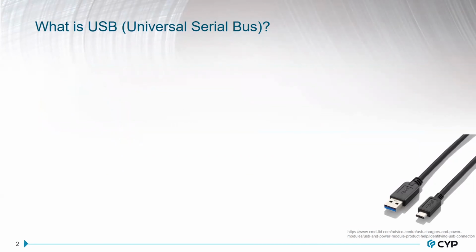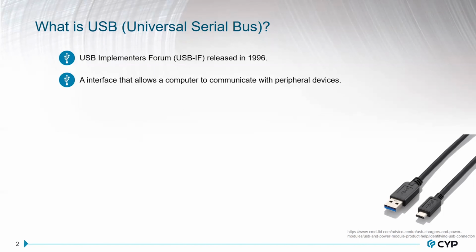Before starting the presentation, please allow me to introduce what USB is. The USB interface was released by USB-IF in 1996. It's an interface that allows a computer to communicate with peripheral devices, such as keyboard and mouse.